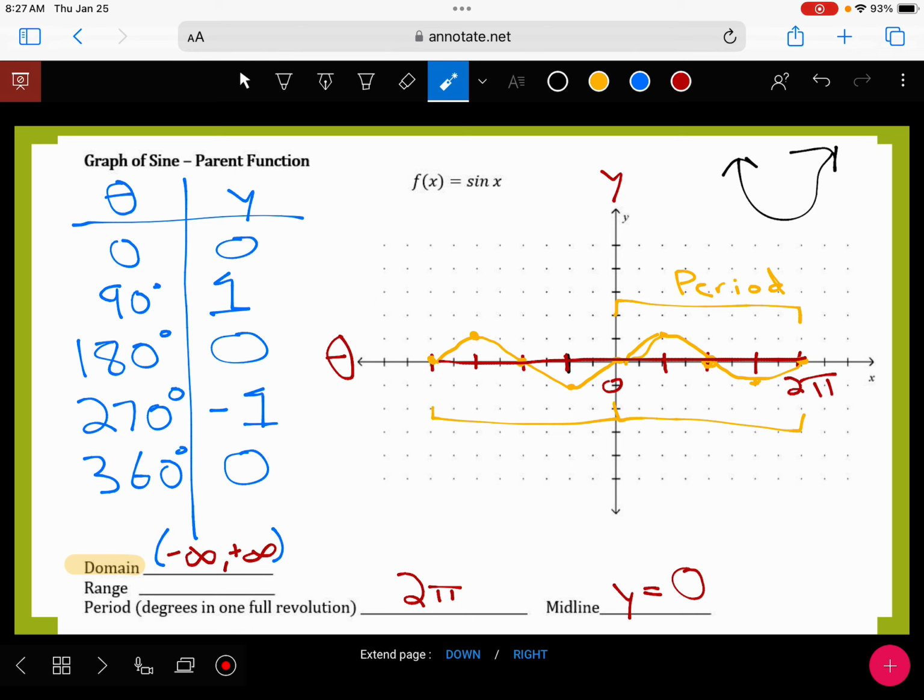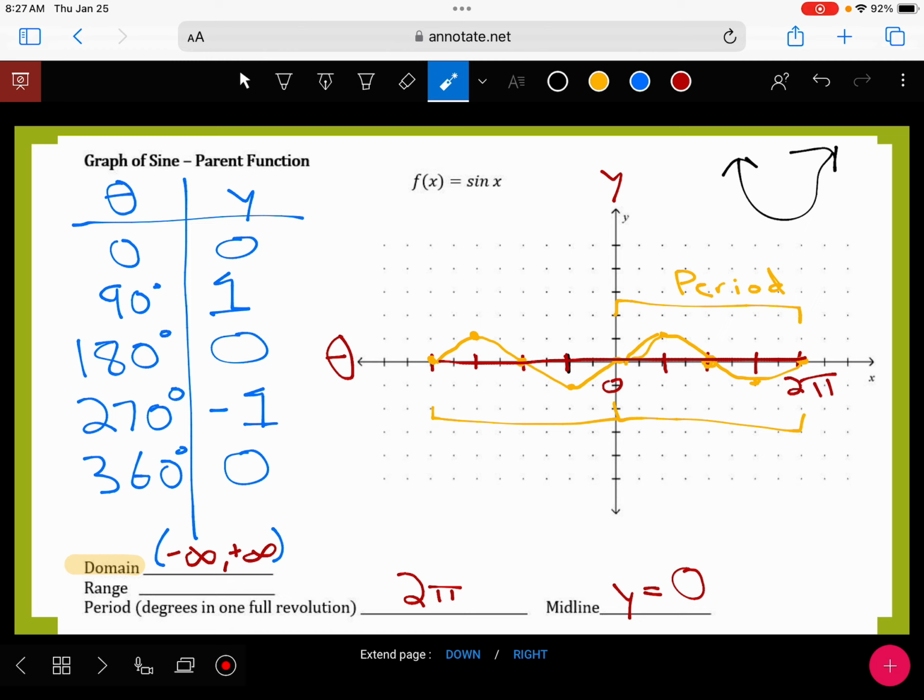And what we're really saying there is that this wave repeats forever in both directions. It could be 2,000 pi, and it's still going to be bouncing right between 1 and negative 1. Same thing for negative 2,000 pi. It just keeps going and going. So domain, talking to the x values, is just saying that the domain is infinite.